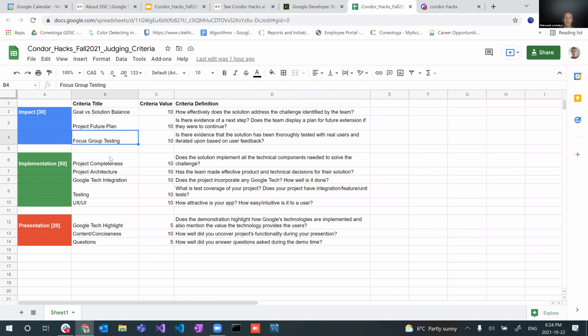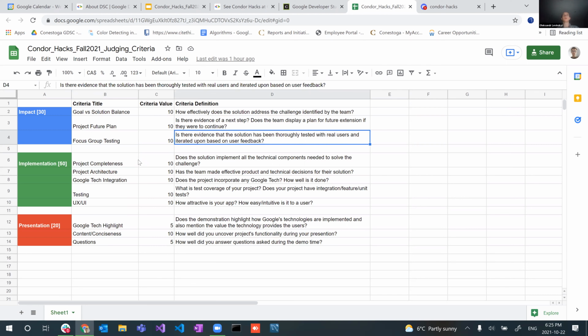So 10 points here. Focus group testing. Is there evidence that the solution has been thoroughly tested with real users and iterated upon based on user feedback? Essentially, you choose the target audience of your project.